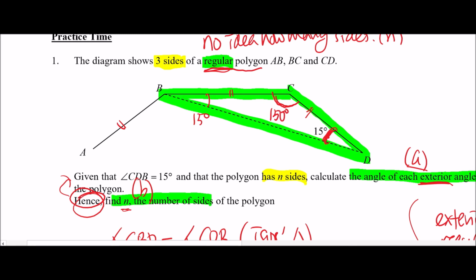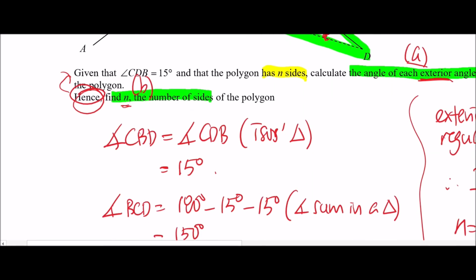Angle BCD is 150 degrees, but what is so special about BCD? This angle BCD turns out to be one interior angle. So with this in mind, 150 degrees, are we able to then calculate the exterior angle? Actually, we can already.